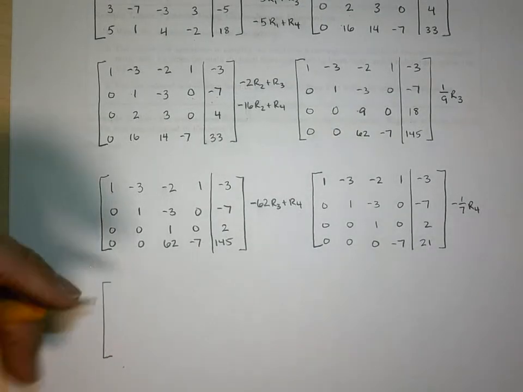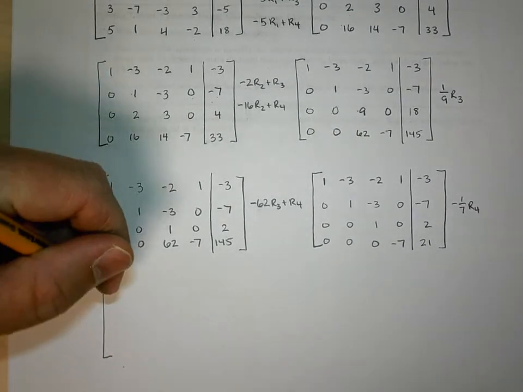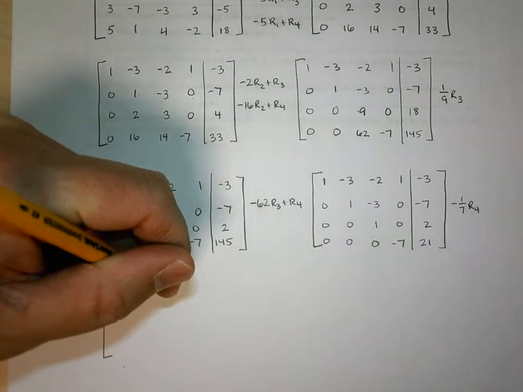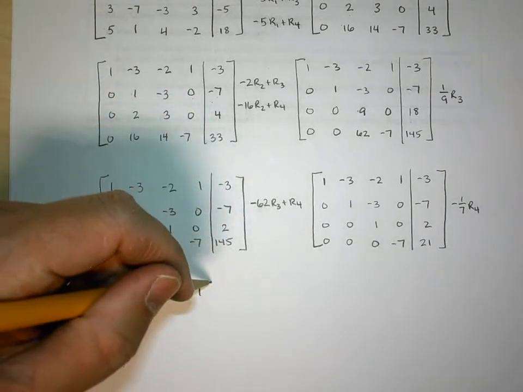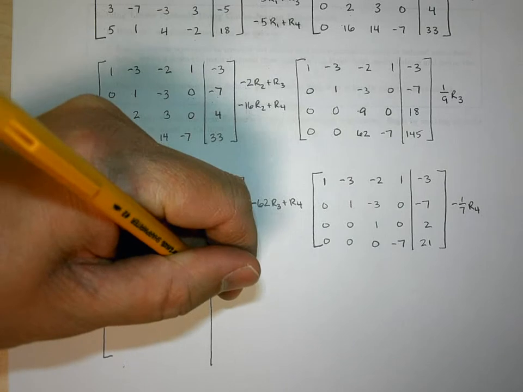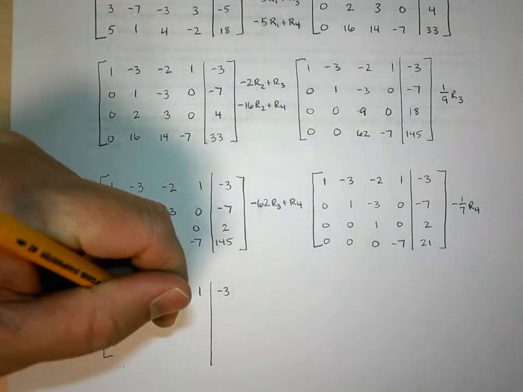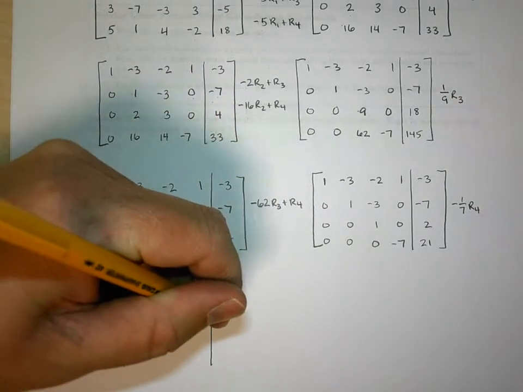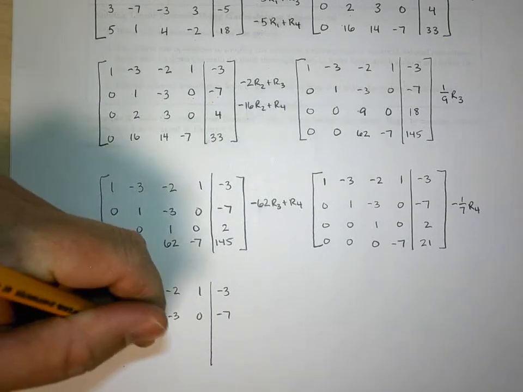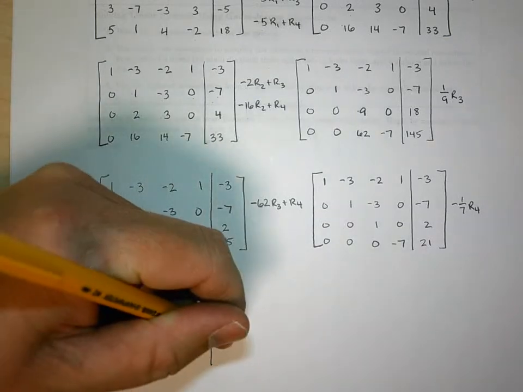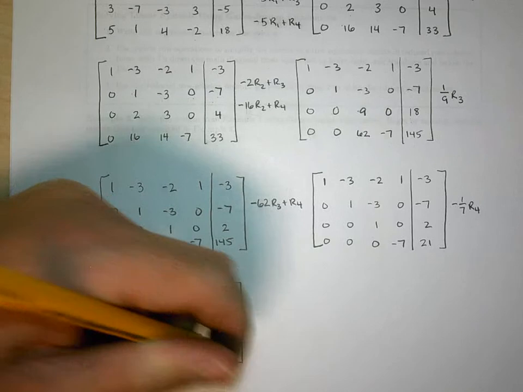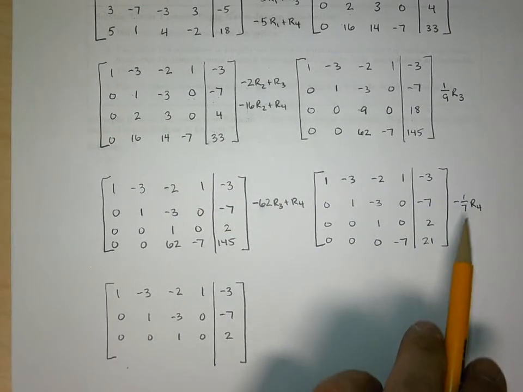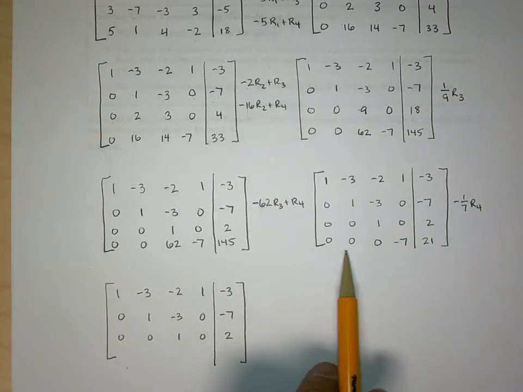The first three rows are not mentioned, so we're just going to rewrite them. Multiplying the negative 1/7 by the zeros in row 4 isn't going to affect those, so they're still zeros.